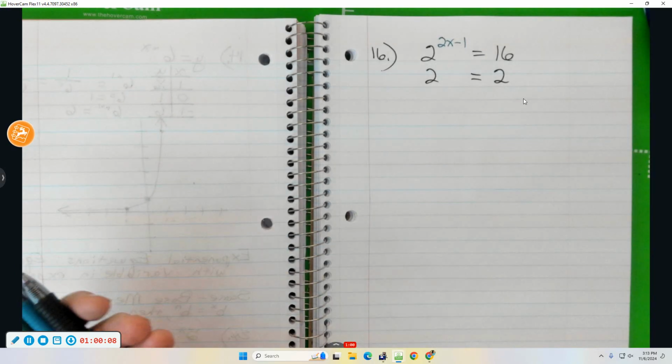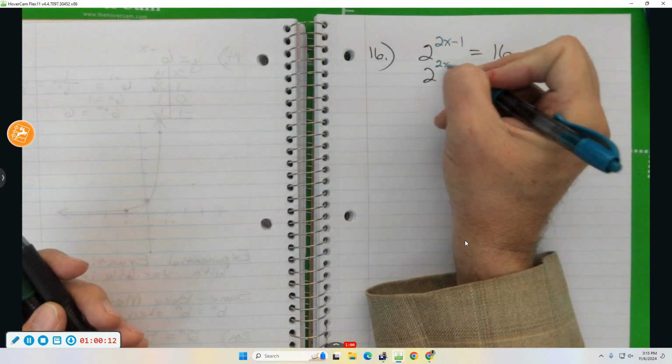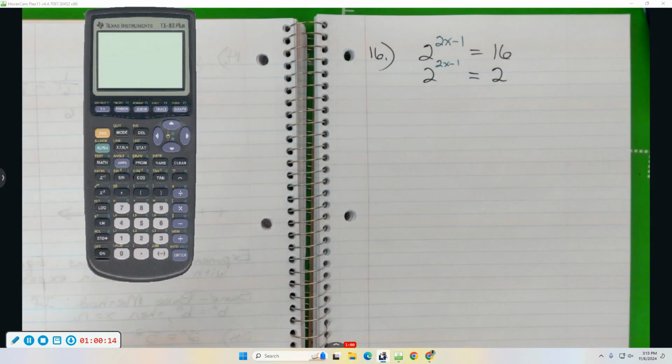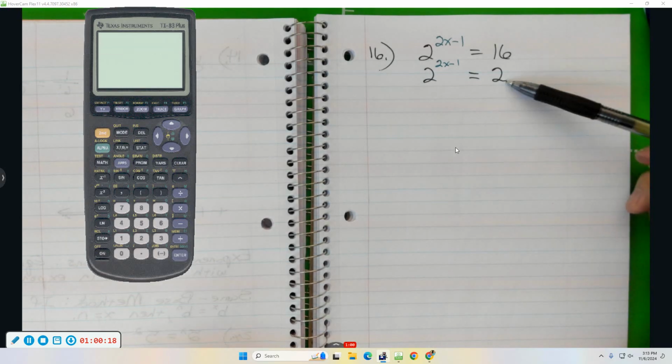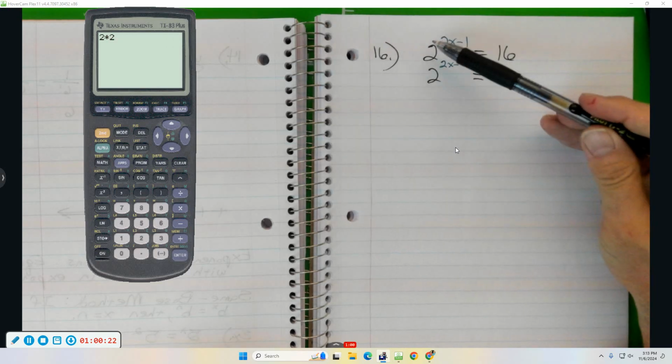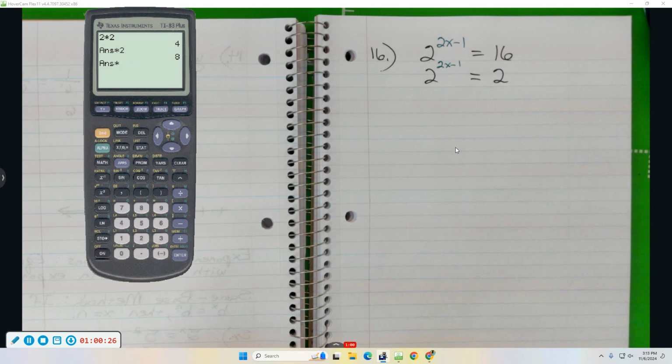Don't say 2 to the 8th power. 2 to what power gives us 16? If you're uncertain, dig your calculator out. And I'll tell you right now, you have to be able to get a common base here. So 2 can't be changed, so you better be able to write 16 as 2 to a power. How many 2's do we need? Maybe 2 to the 4th power.